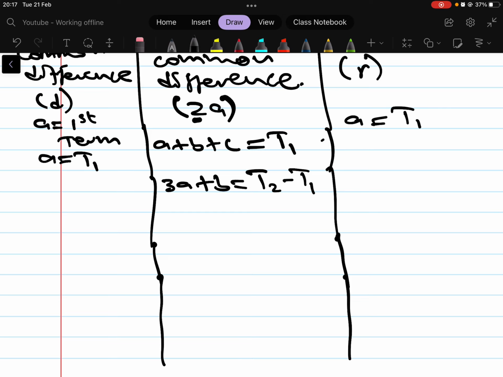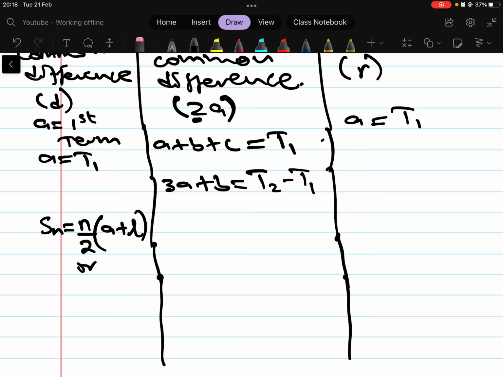Okay, moving on, we have a formula to calculate the sum, or they call it the sum formula or the series formula. For arithmetic sequences, it's given by this: Sn equals n over 2 times (a plus l).